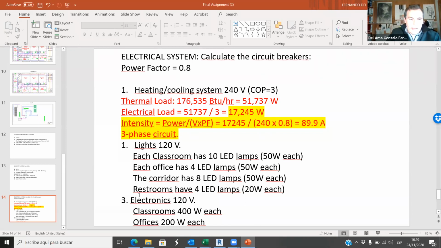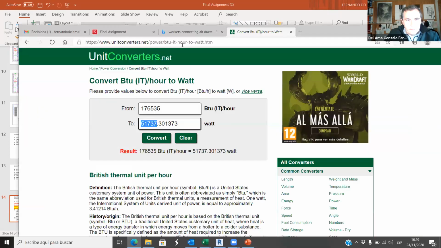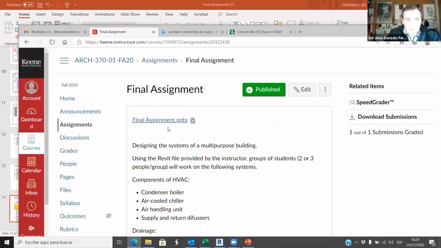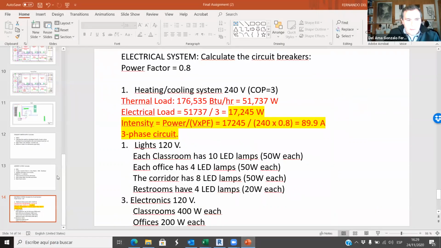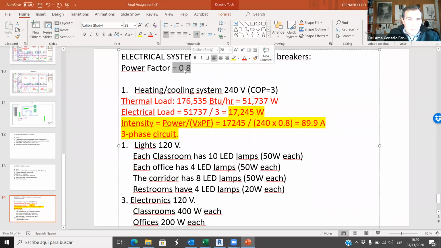And you have to do this with lights and electronics. Okay, so download this file again, this final assignment, because this last slide wasn't included. And remember that the power factor has to be always 0.8. If we don't say anything else, it has to be 0.8.